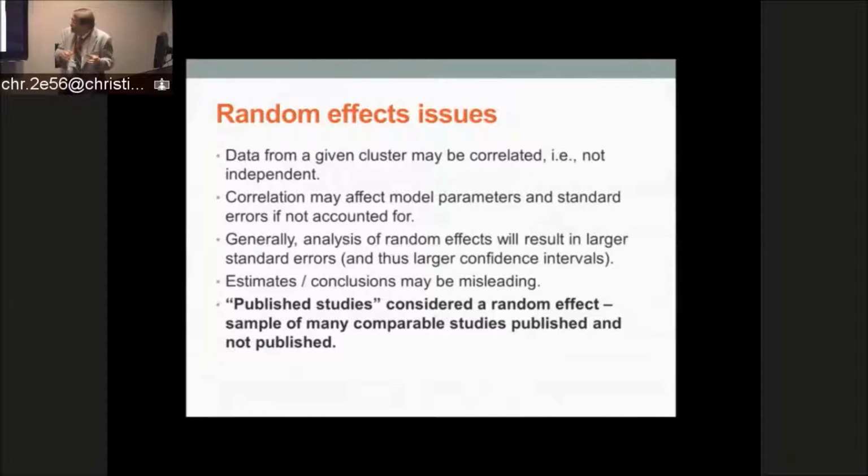In other words, they're not independent, so you want to account for this. As we mentioned before, the published studies are considered a random effect because they're considered a sample of possible studies from the universe of studies.